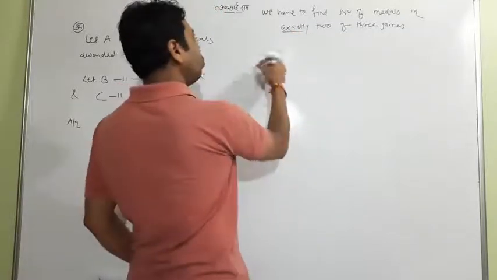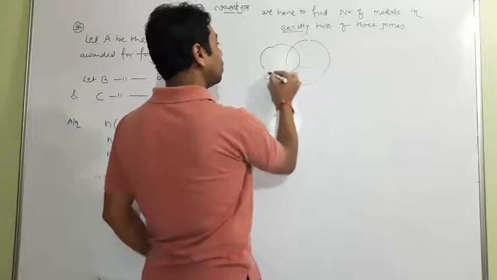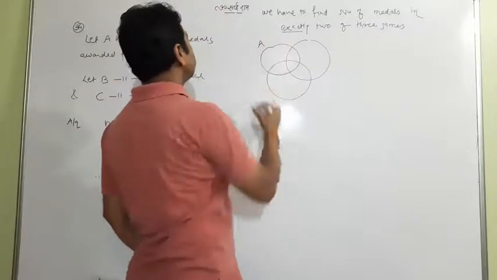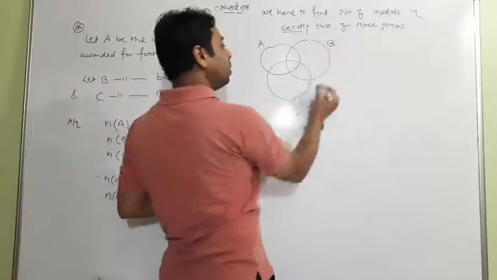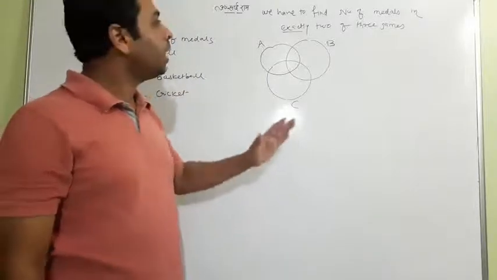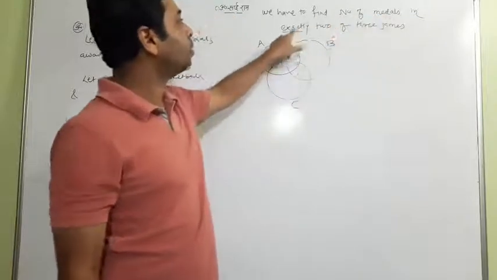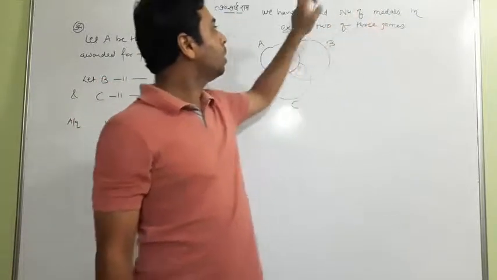With the picture I want to make it clear. This is the picture. This is the number of medals for the game football, this is for basketball and this is for cricket. And I want to say how many medals we are going to find, which have actually been awarded in exactly 2 of the 3 games.